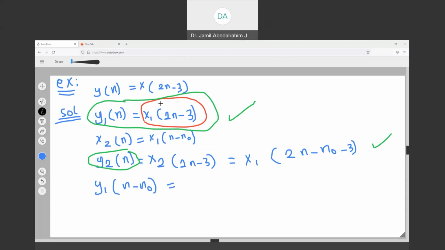It will be equal to all this equation shifted by n naught. So we get x1 of 2n minus 3. All this equation will be shifted by n.